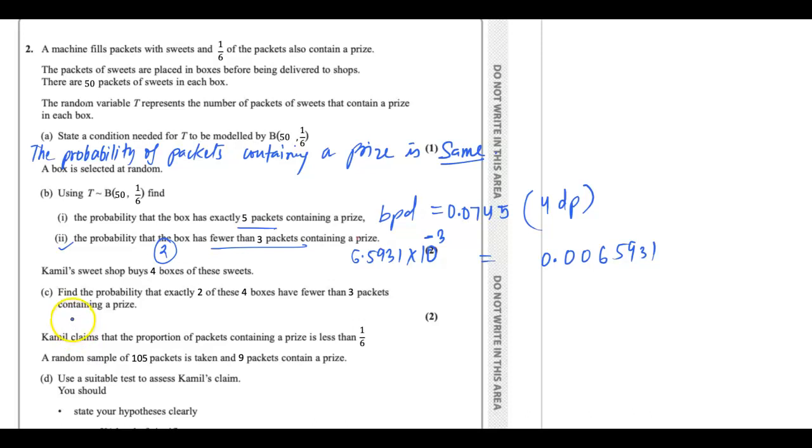Now for part C: Kamil's sweet shop buys 4 boxes of these sweets.